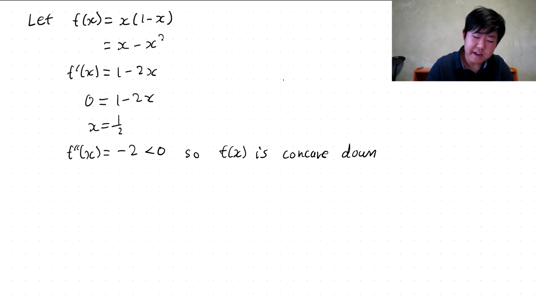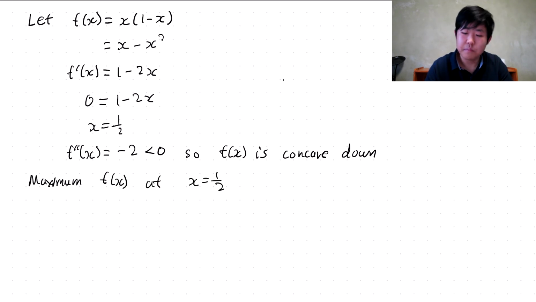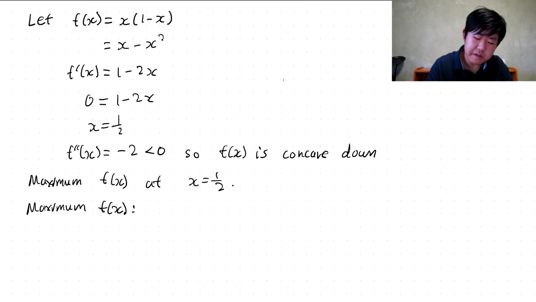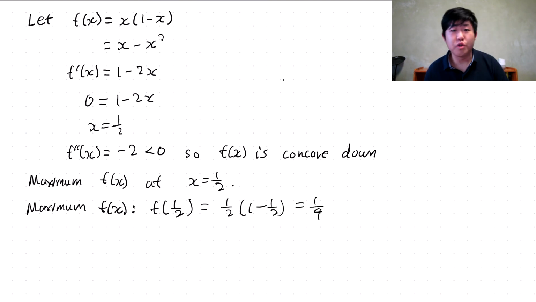And now we can say that maximum f(x) is at x equals a half. So maximum f(x) is f(half), which is half times 1 minus half, which equals a quarter.